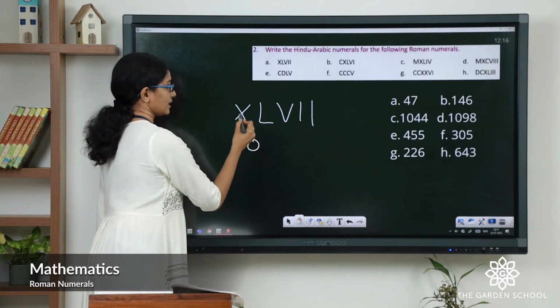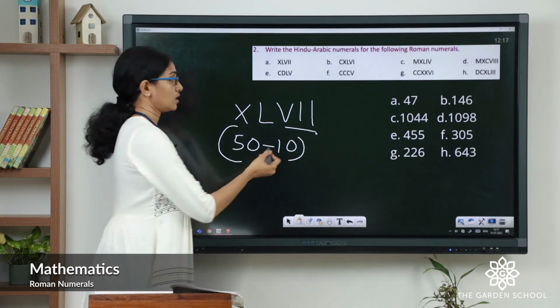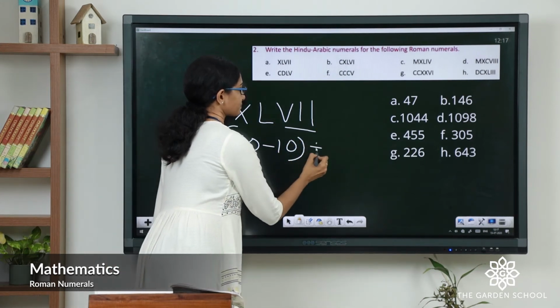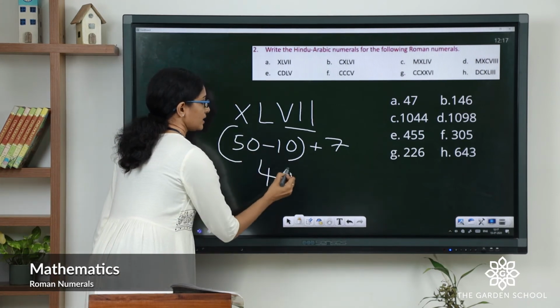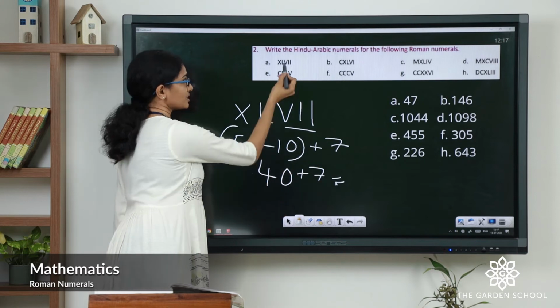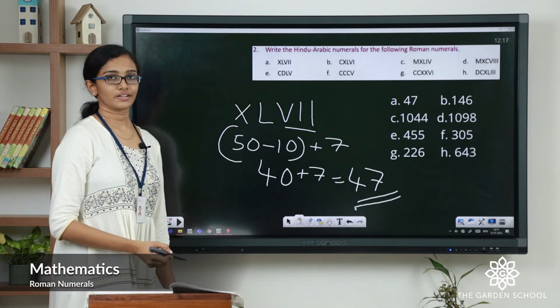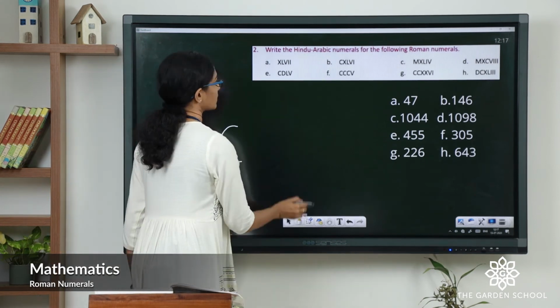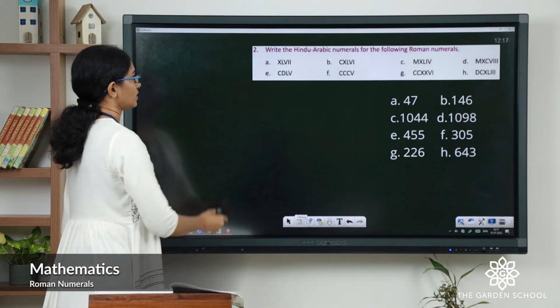So 50 minus 10 equals 40, plus 7. So this equals 47.